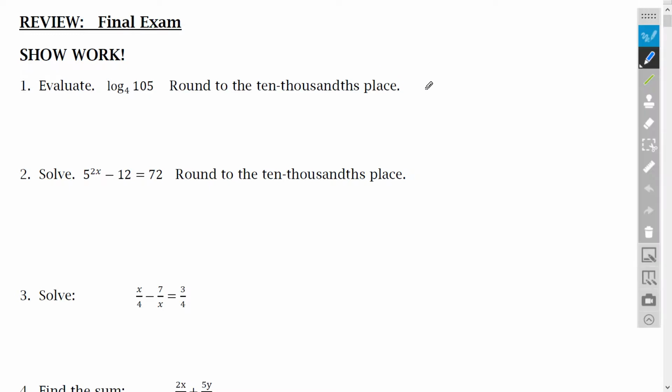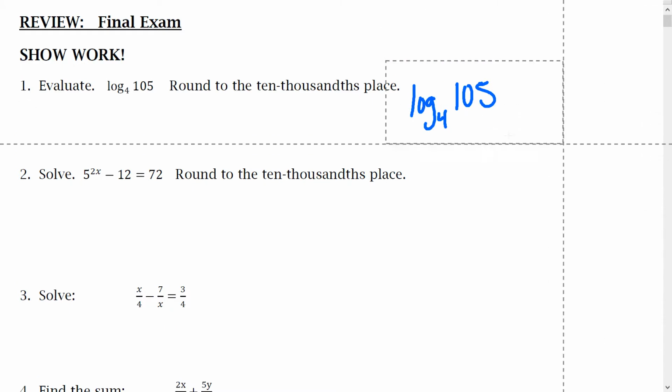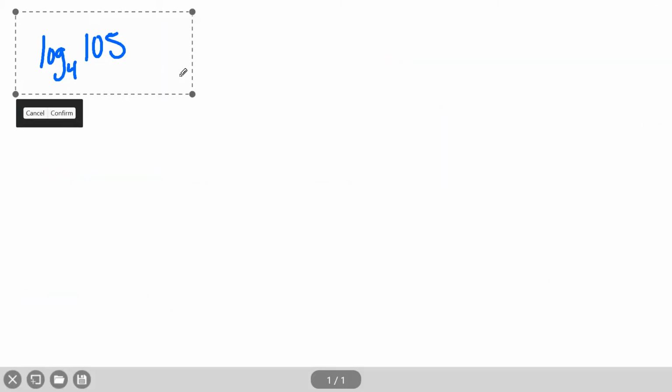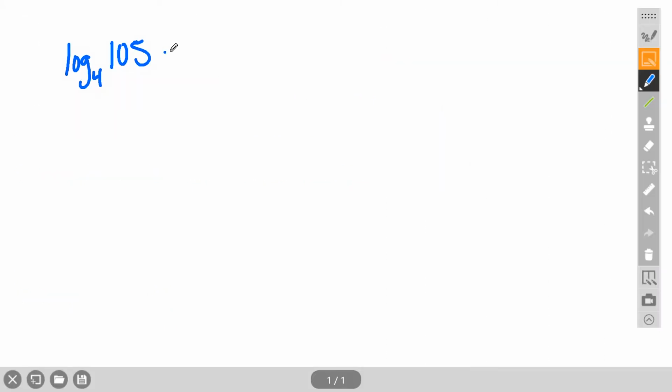Start with 1. We want to evaluate log base 4 of 105. Okay, so if you recall, the way that you evaluate a logarithm is using the change of base formula. So we would do the natural or the common log of 105 over the common log of 4 and calculate it this way.